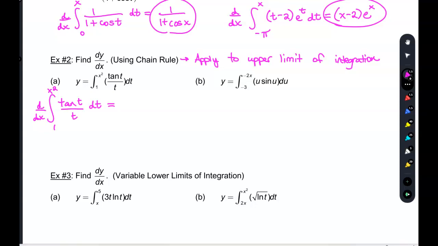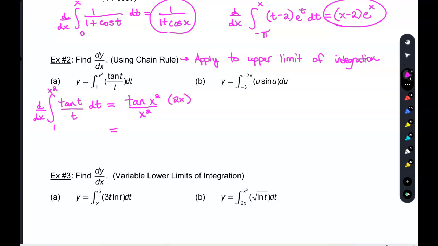So it's going to operate pretty much the same way. We're going to replace t with x squared and then multiply by the derivative of x squared. We still have to compensate for that if we have that composition of function in the upper limit of integration. So this is going to become tangent x squared over x squared times 2x.